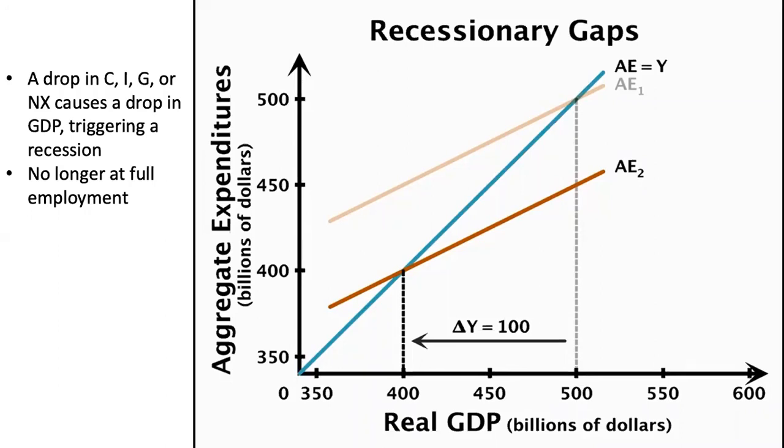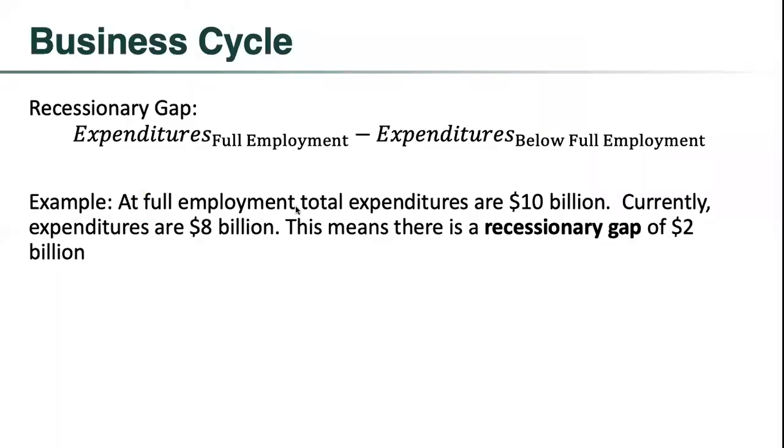It means that our recession is worse. It's just a number we use to describe it. And here's the expression for it. It's whatever our expenditures would be at full employment, minus whatever our expenditures are currently when we're operating below full employment. So in this example, at full employment, expenditures is 10 billion, but we're observing an expenditure of 8 billion. We've got a recessionary gap of that 2 billion difference.